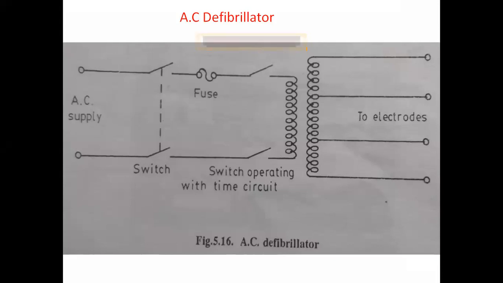For that, the switch is operated with the timing circuit. When the timer is on, the switch closes. When the timer is off, the switch opens. The time should be specified, and that is provided by an RC timing circuit.